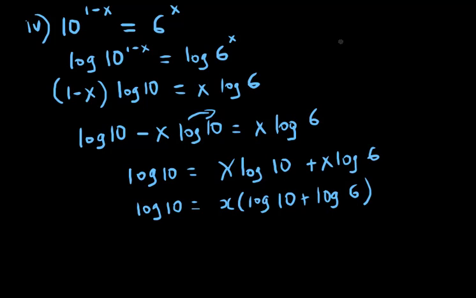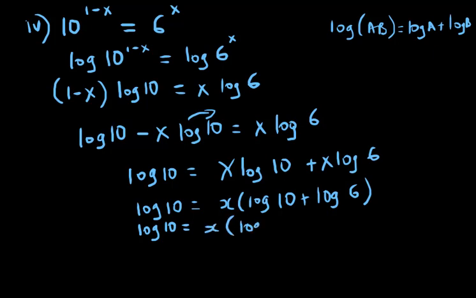There was that rule that I had mentioned earlier on in this lecture, that whenever we have log AB, this is the same as log A plus log B. So it's the same thing that we have here. So this is the same as log 10 is equal to x times log 10 times 6, which is log 60.